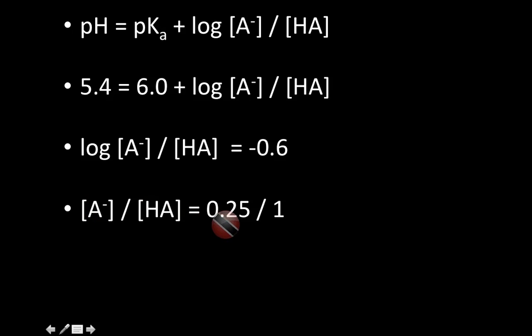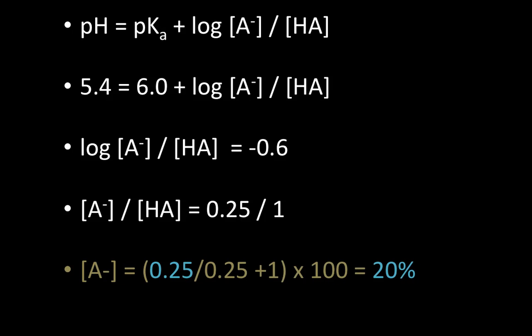So you look for the number that represents A minus. In this case, it's 0.25. You divide by the sum of the two numbers, 1 plus 0.25, and you multiply by 100. So all of us should have this answer now. So the concentration A minus should be equal to 20%. And we already knew that we were going to get that answer. It's just making sure that you can do it both ways.